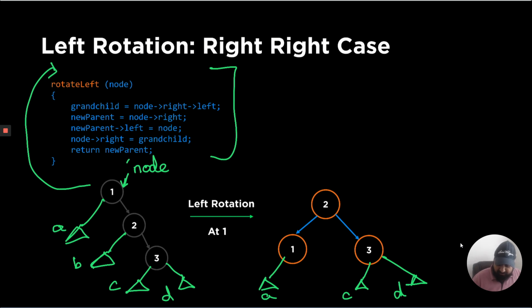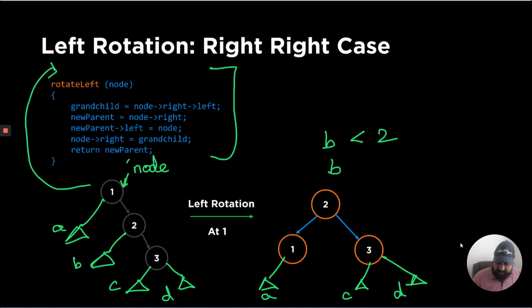So it has one child, but now since it is the root node, it already has two children, which is 1 and 3. But we know that this B subtree, which is attached to the left of 2, B is basically less than 2 because of the BST property, which is all elements on the left of 2 are less than the root node.